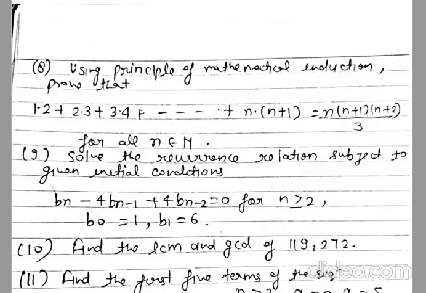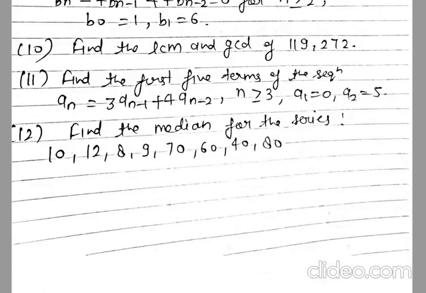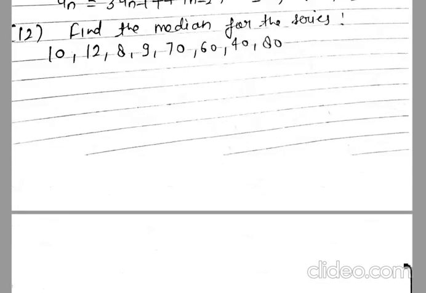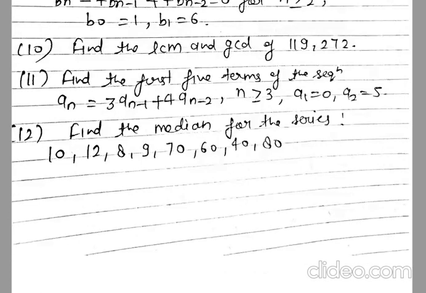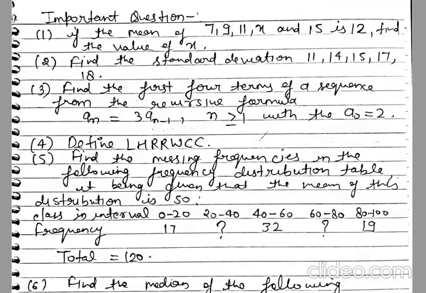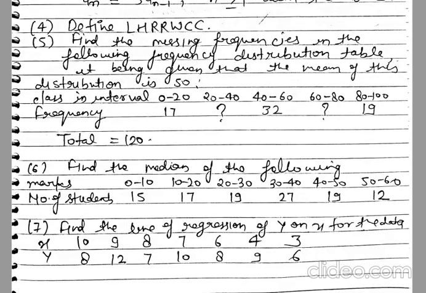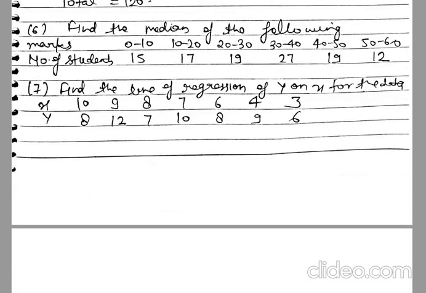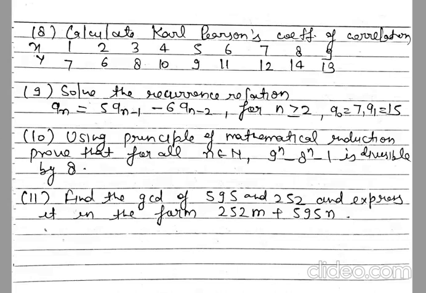And I think I have discussed all the topics related to these questions, for example, find the first five terms of the series sequence, this one. And here also you can see recurrence relation, LHRR define, and missing frequencies. So guys, just prepare these questions.